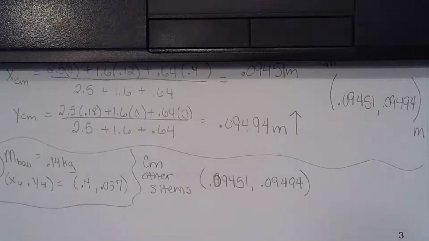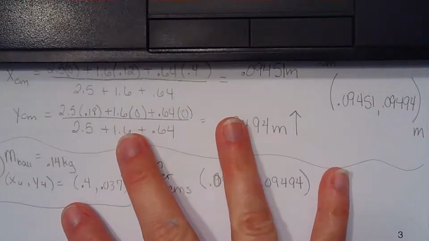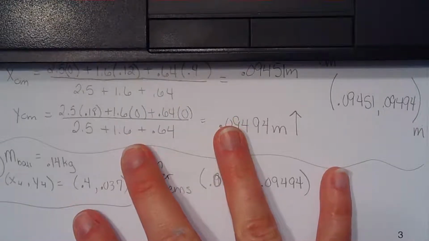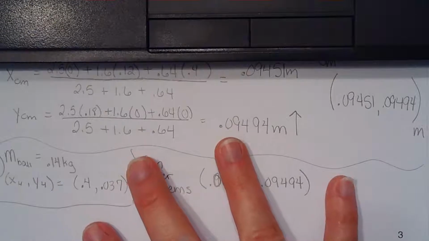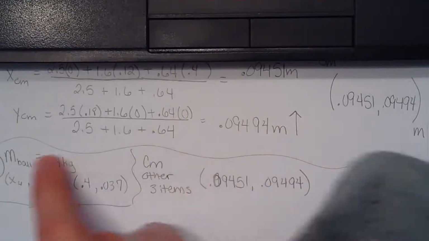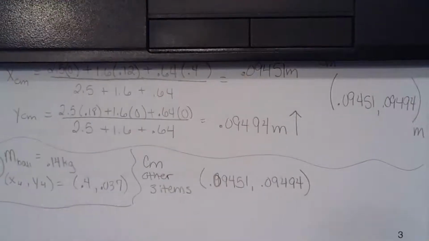You can do this two ways. You can treat it like four separate items and do M1x1, M2x2, M3x3, M4x4, or you can treat this as one big item, and over here is another item. I'm going to treat the other three as one item together, since I already did that.